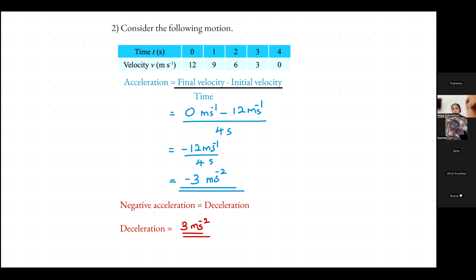When the class starts, we'll first finish the worksheet and then come to the lesson, because the lesson is continuing now.